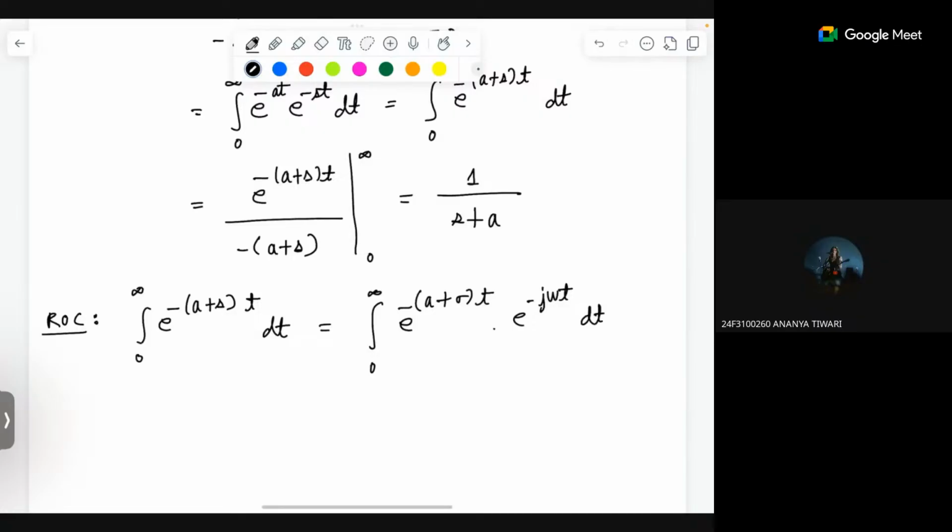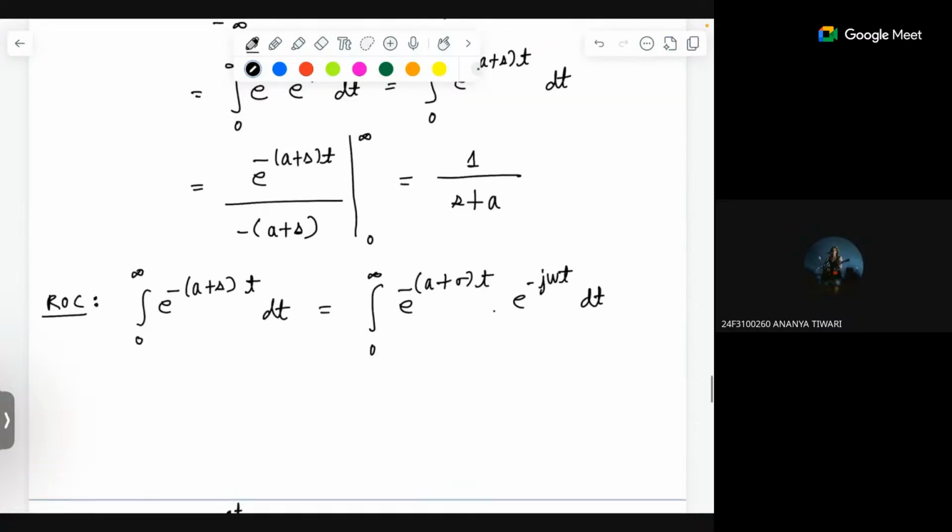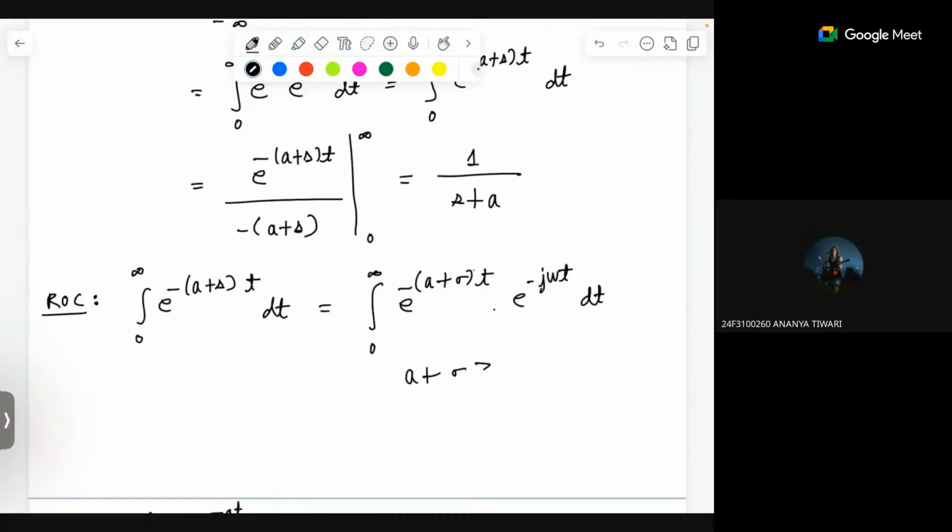Now for this to converge, this exponent should be negative, because if so, overall it will be a decaying exponential in the interval 0 to infinity. So what I'm saying is the following: a plus sigma should be greater than 0 in order for this to converge, because only then this will be a decaying exponential.